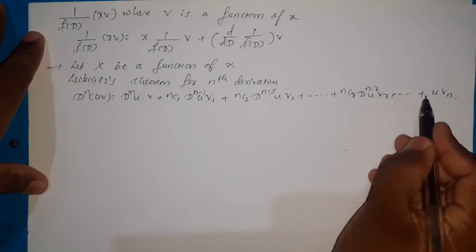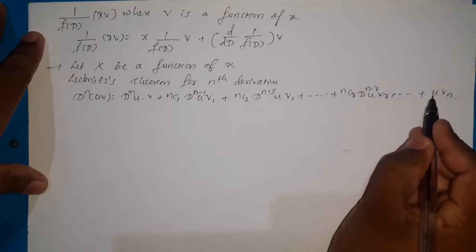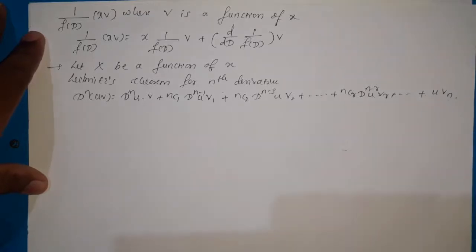nCn has value 1, and D power n minus n is 1, so u is remaining and the nth derivative of v.